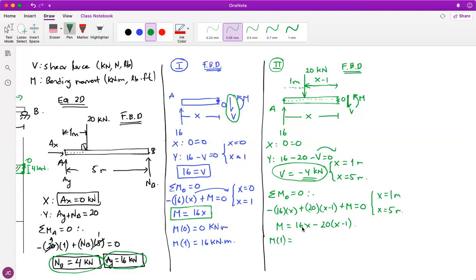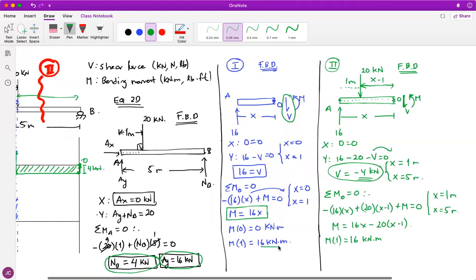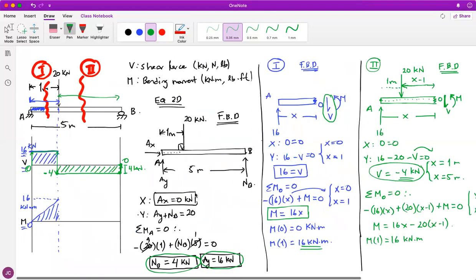When you put a 1 in the x part, it's easy to see that this term here is going to be 0. Therefore, I'm left with 16 kilonewton meters right at 1, which was this same value. So it tells me that the ending of section 1 is actually the beginning of section 2.